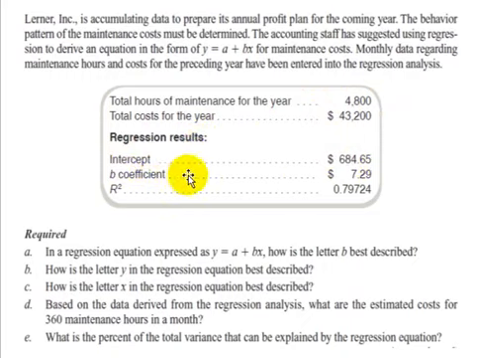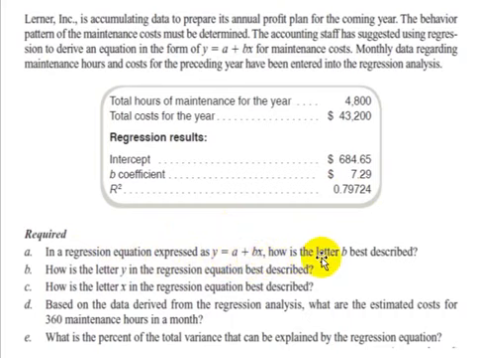B, the coefficient or the slope, is the variable cost per hour, because X represents maintenance hours, so B is the variable cost per unit of X. R square equals 0.79, or rounded 80%.